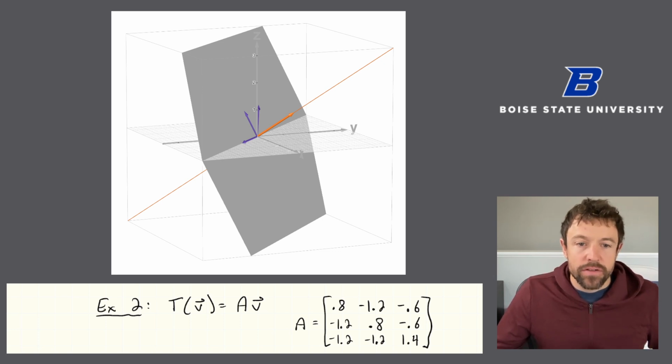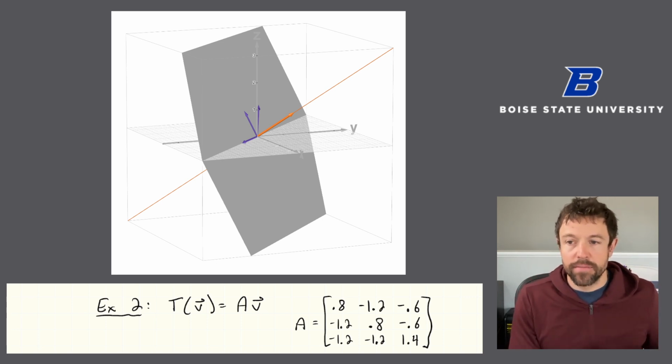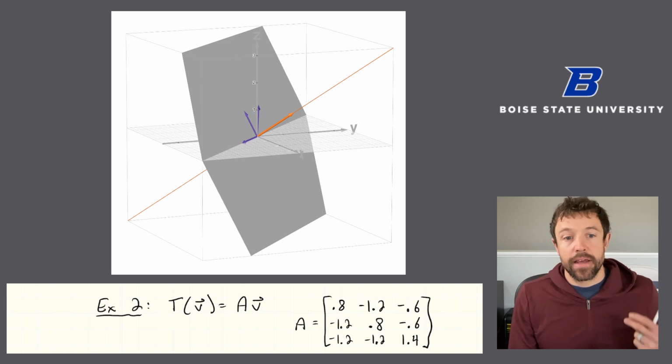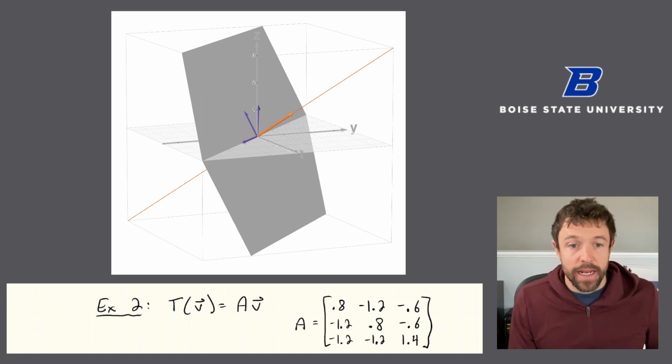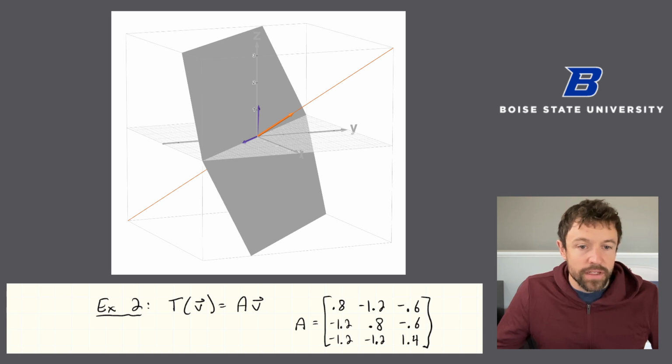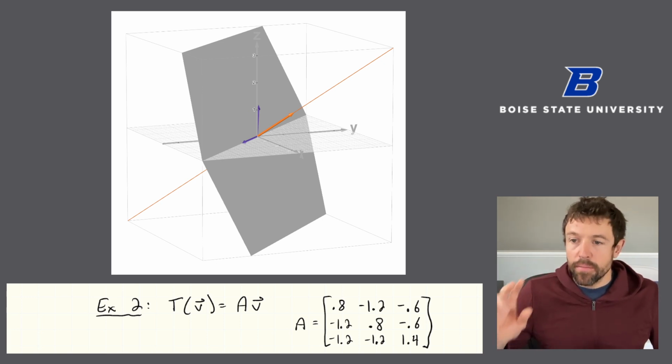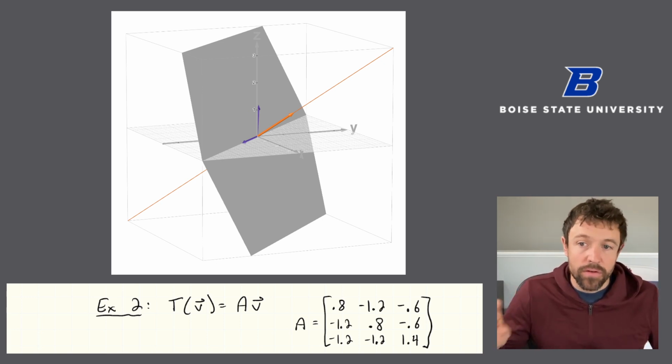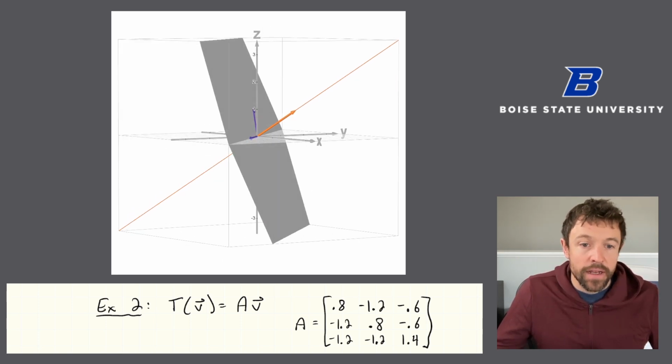It's taking vectors on the orange line and reflecting them, or sending them to negative themselves. And it's taking vectors in the gray plane and it's doubling their length. And once it's decided to do that, if we remove one of these vectors, if we look at the 2 purple vectors on the screen, along with the orange vector, this is a basis of R3.